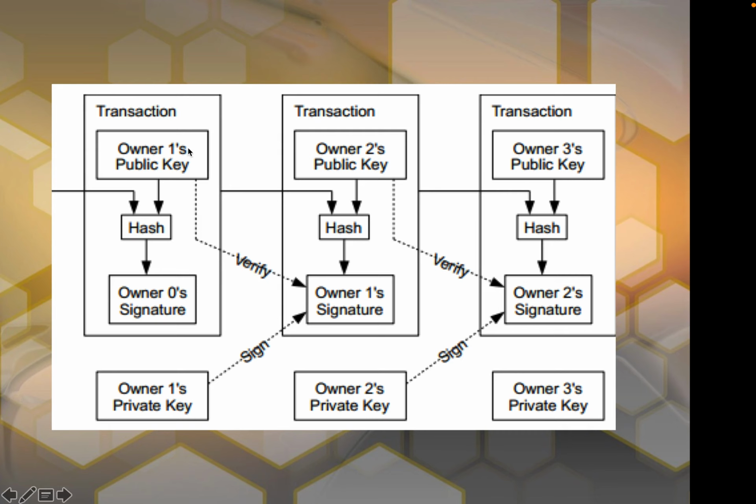This is one block. So every block has some block information. The block information contains, for example, the buyer's signature, because the buyer committed to pay a certain amount of money, right?